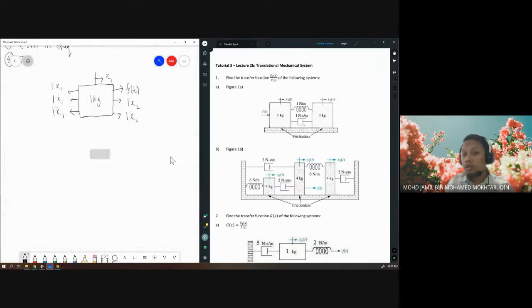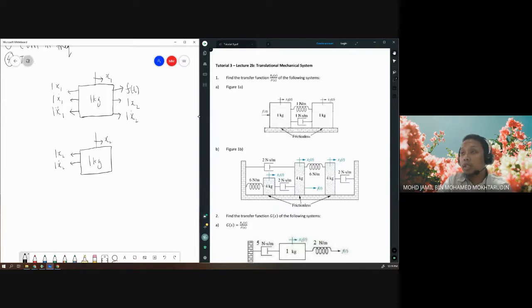Then we can draw the free body diagram for box X2. The direction of X2 is forward as well. On X2, we have the spring and damper connected, so there will be two forces acting backward, trying to resist the motion. First we have 1 x2 from the spring, and secondly 1 x2 dot from the damper.